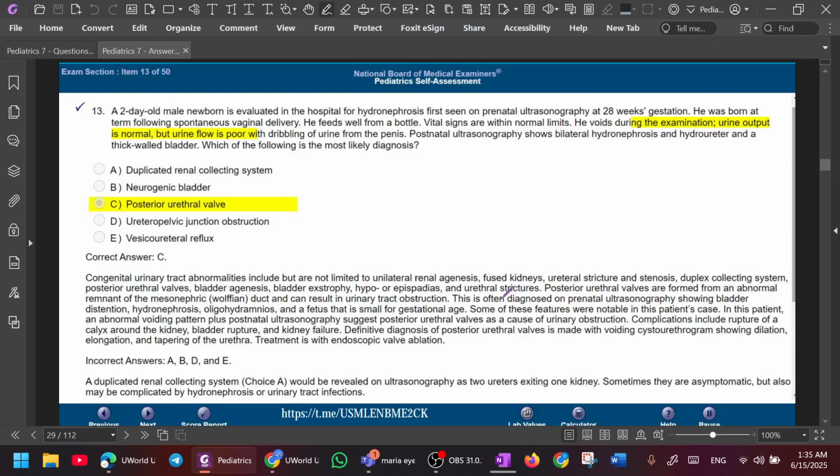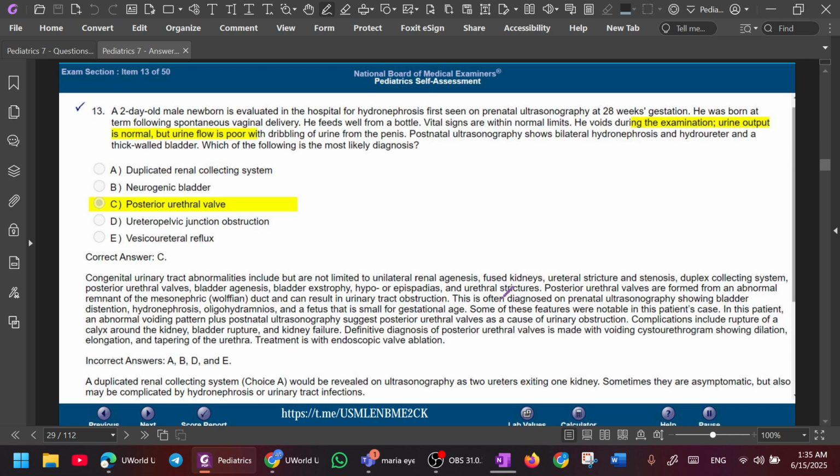This is often diagnosed on prenatal ultrasound showing bladder distension, hydronephrosis, hydroureter, and a fetus that is small for gestational age. Some of these features were notable in this patient case. In this patient, an abnormal voiding pattern plus postnatal ultrasound suggests posterior urethral valve as a cause of urinary obstruction.